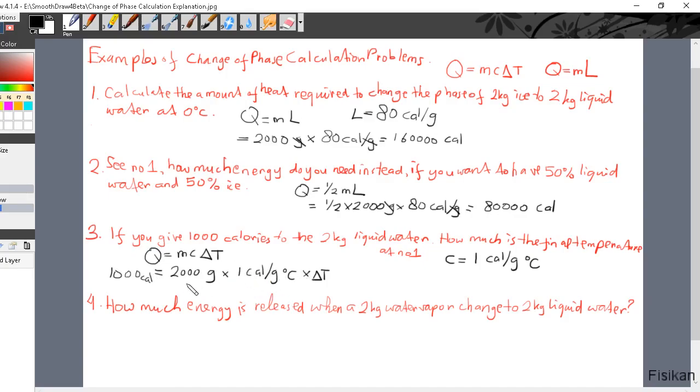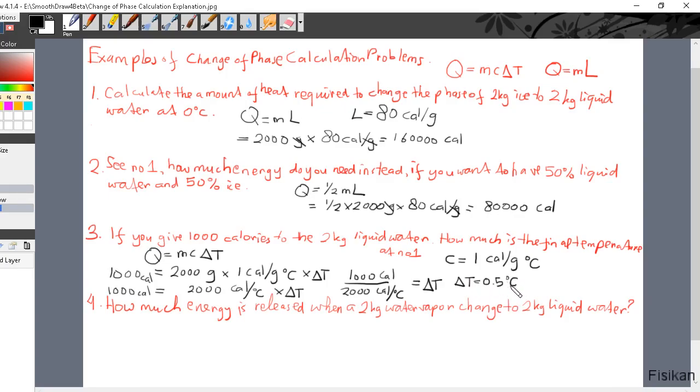Then you multiply this: 1000 calories equals 2000 calories per Celsius degree times delta T. And then you divide 2000 on both sides and you will get 1000 calories per 2000 calories per Celsius degree equals delta T. For the delta T, you will get half Celsius degree.